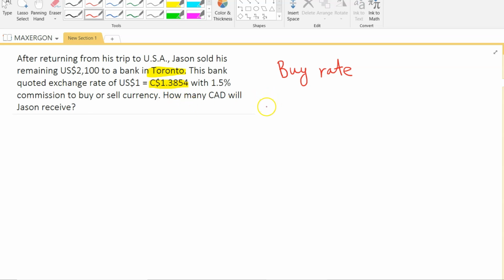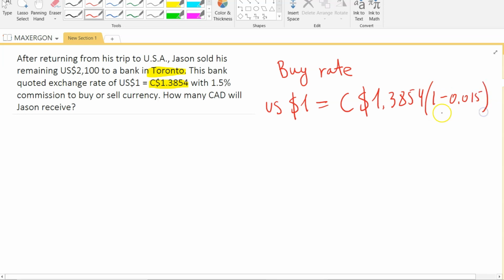1.3854. So the buy rate is US $1 equals Canadian 1.3854 with commission subtracted, and the commission is 1.5%. After we find this buy rate, we can build a ratio which will help us to find the amount in CAD Jason will receive.